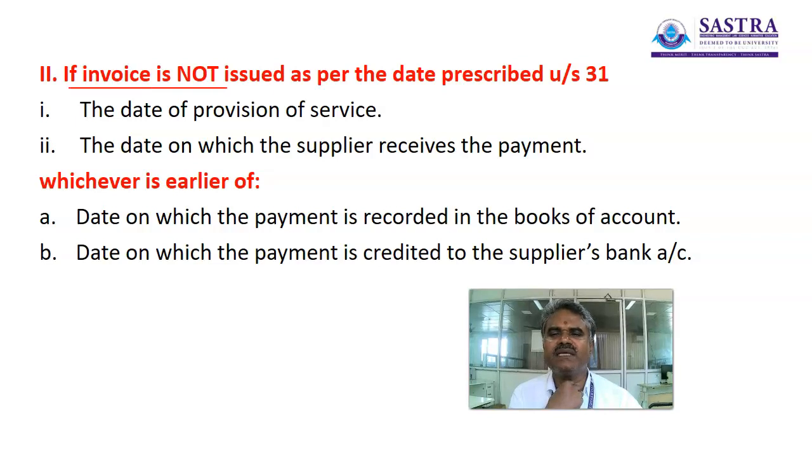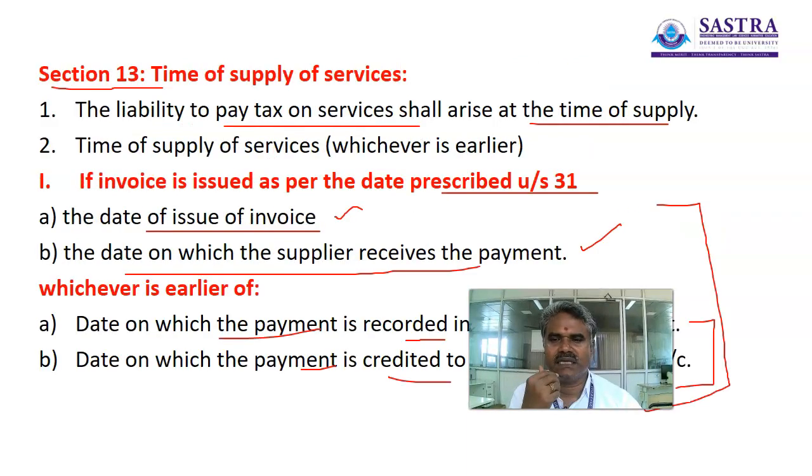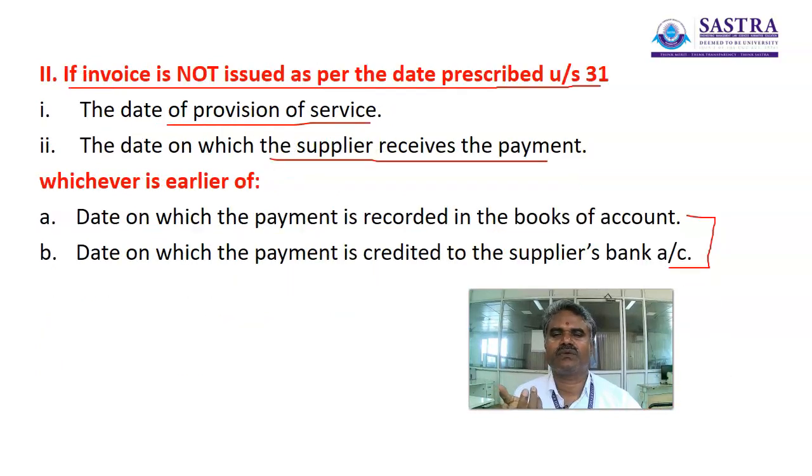If the invoice is not issued as per the date prescribed by Section 31, then the date of provision of services or the date on which the supplier received the payment applies. The date of provision of services is the day on which you provide your service.